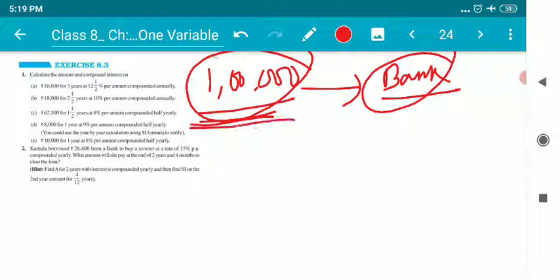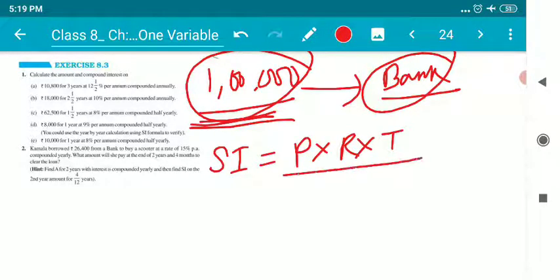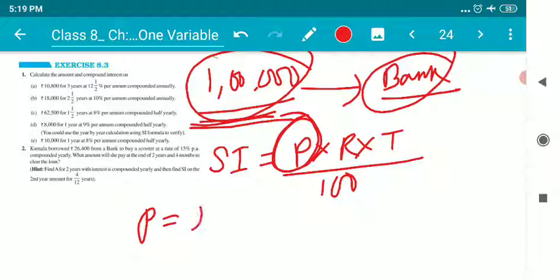So in order to understand what interest is, we will recall the concepts of interest from class 7, in which we used to calculate simple interest, which was P into R into T by 100. Suppose, children, I took a loan of rupees 1 lakh, so that is called principal. Principal means the amount which we are taking from the bank.